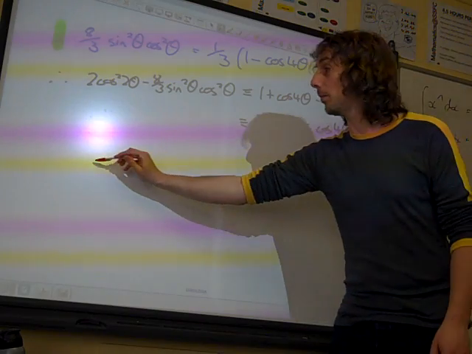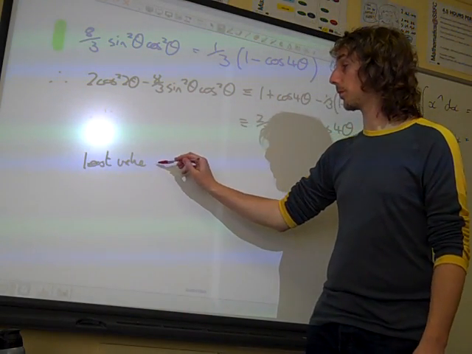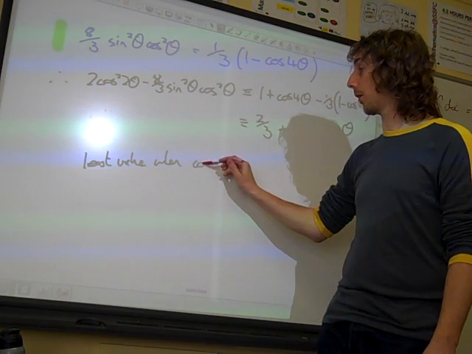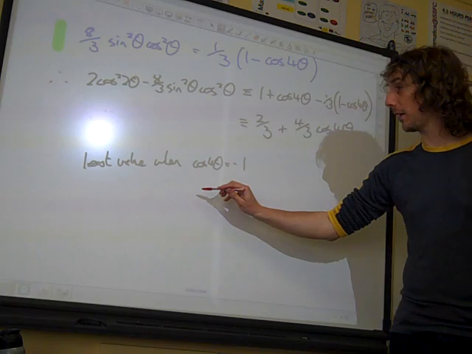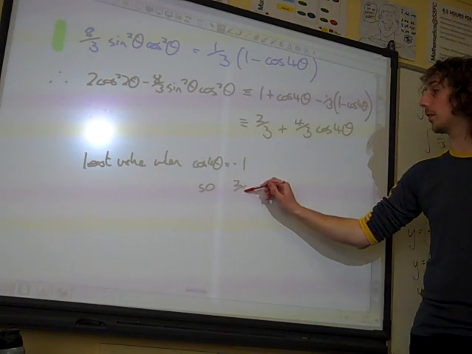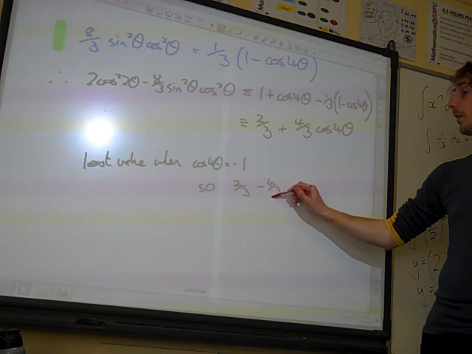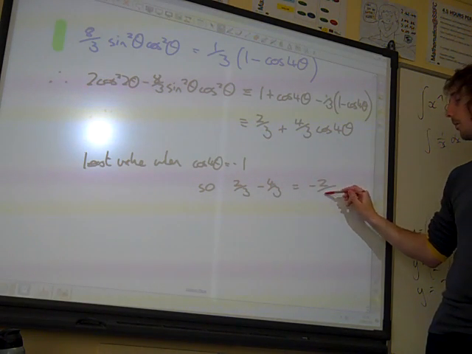So the least value is when cos 4 theta equals minus 1, and so the least value is 2/3 minus 4/3, so it is minus 2/3.